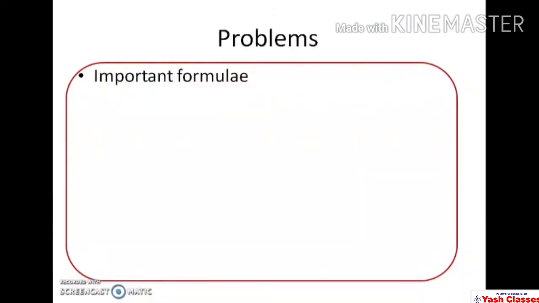So in this way we completed the theory part of the second chapter, that is solutions. Now we are going to solve some problems on the second chapter, and the important formulae are, first formula is, according to Raoult's law, the partial pressure of any component is the product of the mole fraction of that component into vapor pressure in pure state.